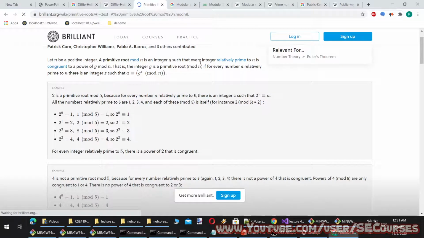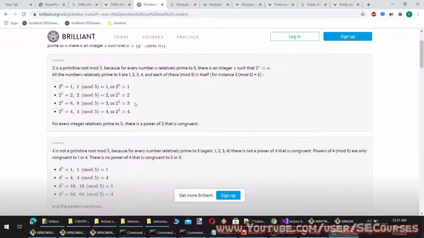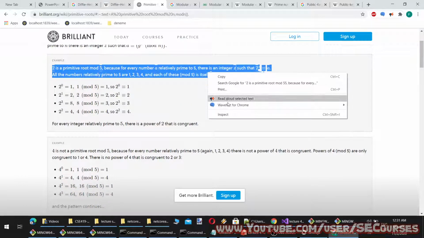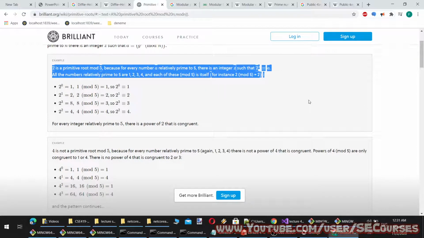Okay, let's understand the primitive root. 2 is a primitive root mod 5, because for every number relatively prime to 5, there is an integer z such that 2^z is equivalent to a.